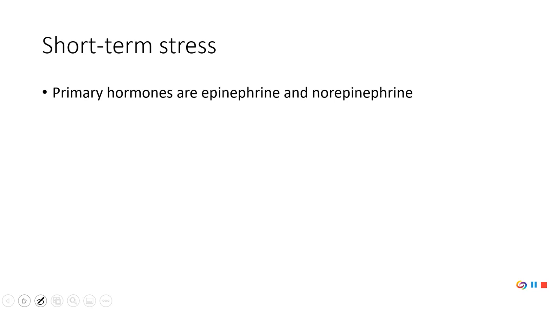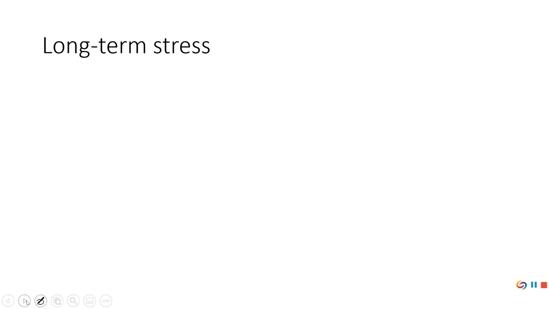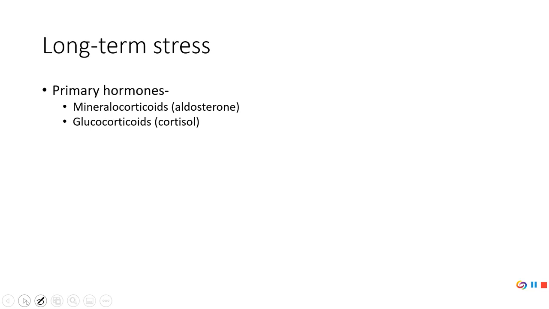So what I just talked about, but here with some bullet points. So with short-term stress, it's epinephrine and norepinephrine causing increased heart rate, respiration, blood pressure, that sort of thing. The things that you would think would happen if you were to see a bear when you're out hiking. Long-term stress, on the other hand, is a little bit different. We've got those mineralocorticoids such as aldosterone and the glucocorticoids such as cortisol.